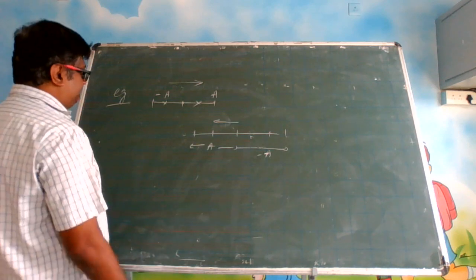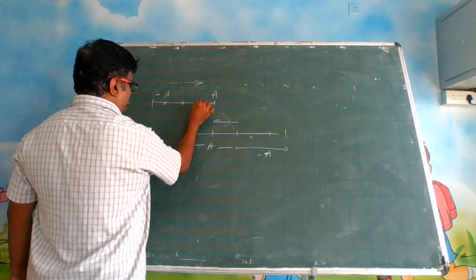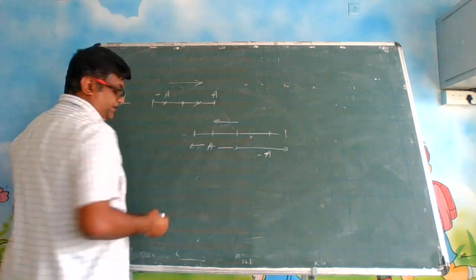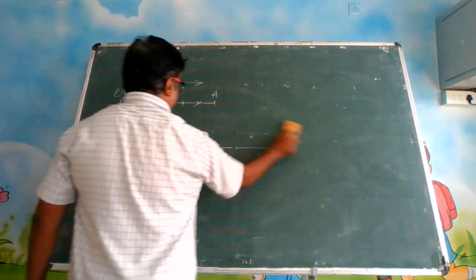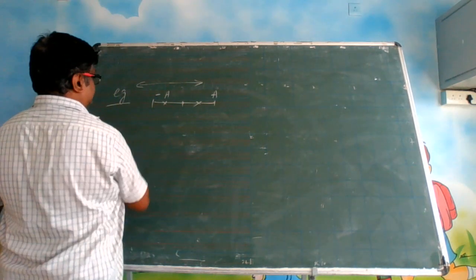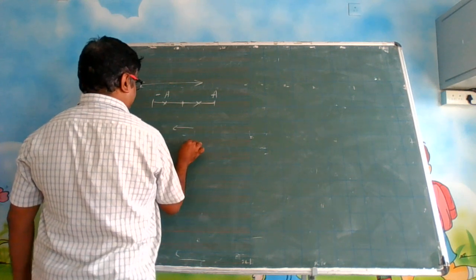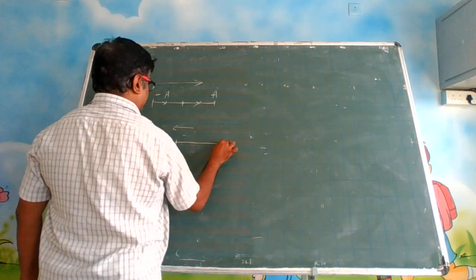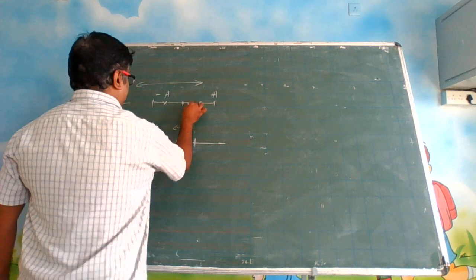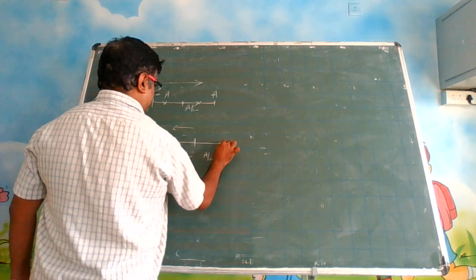phase difference between them. Now what is happening is, when this motion is at A by 2, they are in sync. One simple harmonic motion is happening like this, another is happening like this. So this point is A by 2, and this is A by 2.